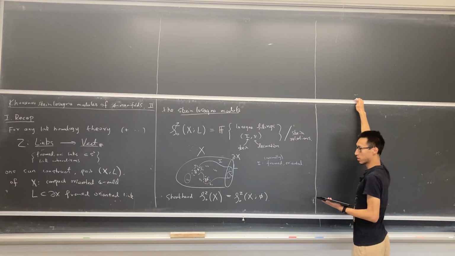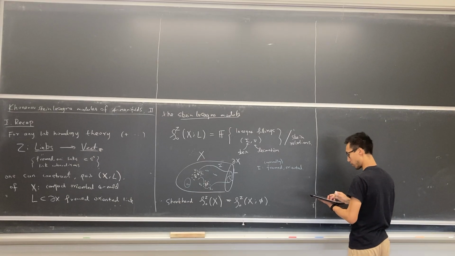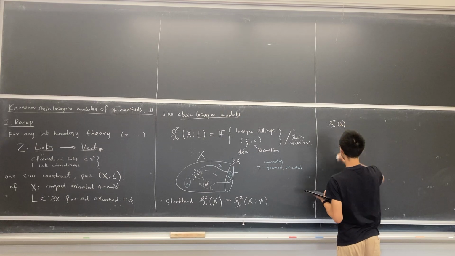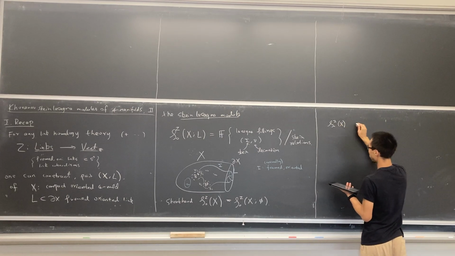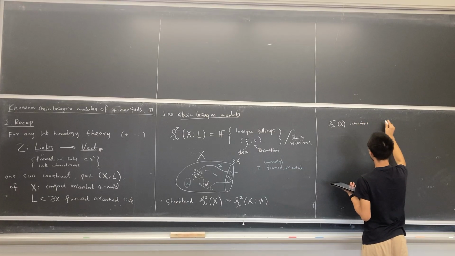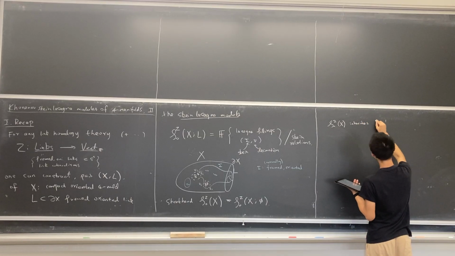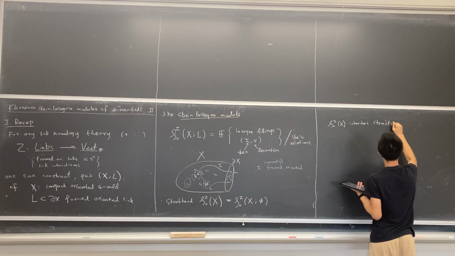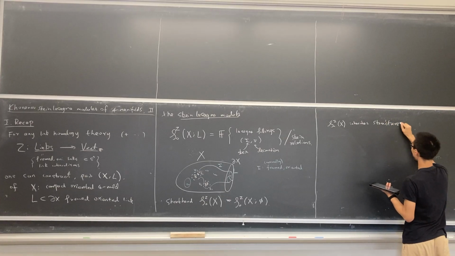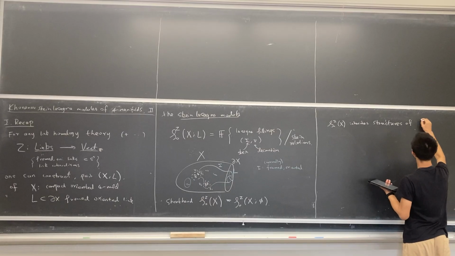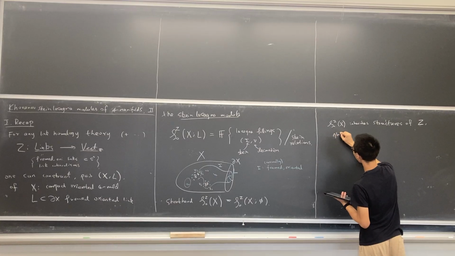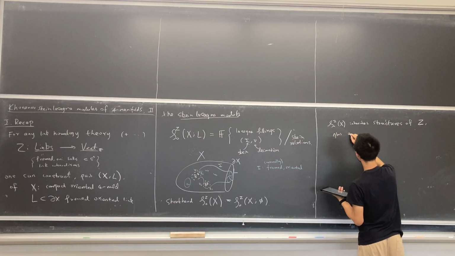Whatever extra structures your link homology theory has, these will be inherited by the skein lasagna module. So the skein lasagna module inherits structures of Z, but it also has an extra structure, which is a grading.